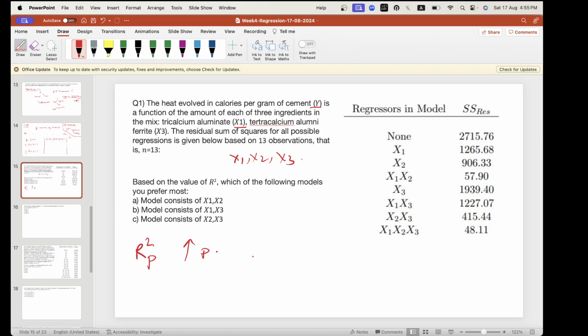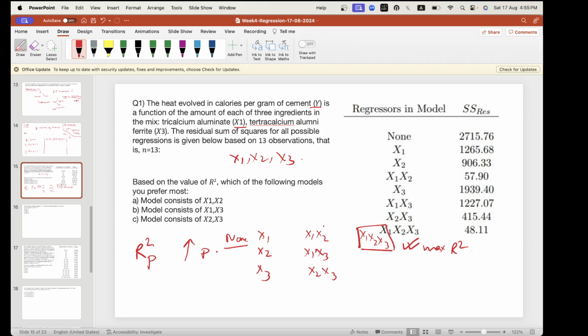So if we have models like none, x1, x2, x3, pairwise x1 x2, x1 x3, x2 x3, and x1, x2, x3, we can most surely say that the full model would give me the maximum r square value because it involves 3 predictors, or rather 4 unknown parameters.